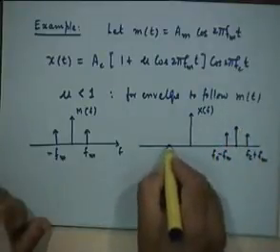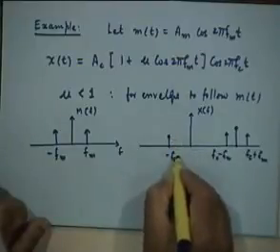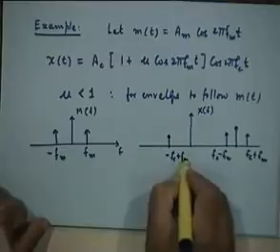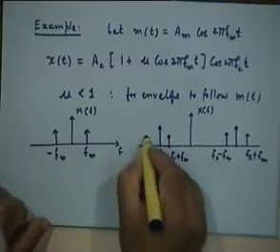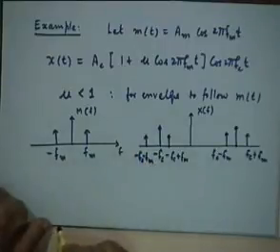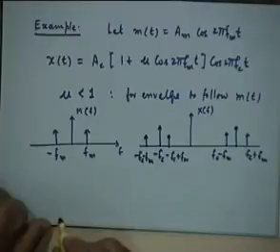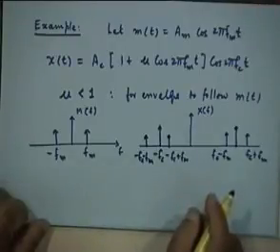Similarly, there will be components at minus f_c plus f_m and minus f_c minus f_m, right? This is what the spectrum will look like for this signal.